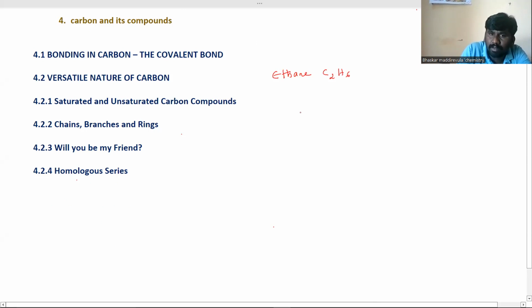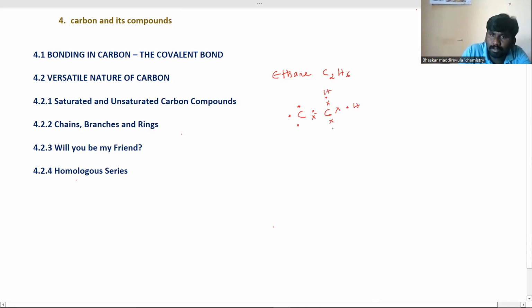Simply, there are two carbons, and each carbon has a tetravalency. Each carbon shares one electron to make a single bond, and the remaining three electrons are shared with hydrogens.